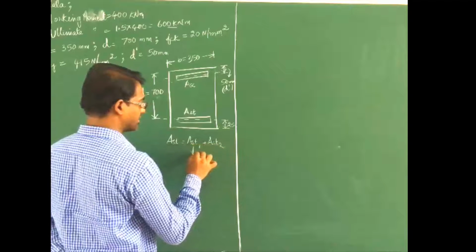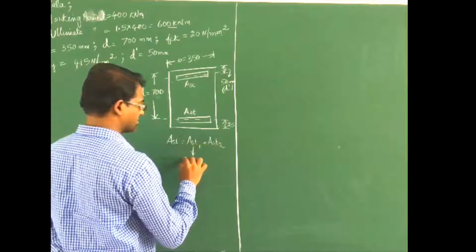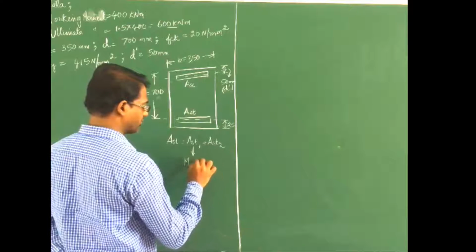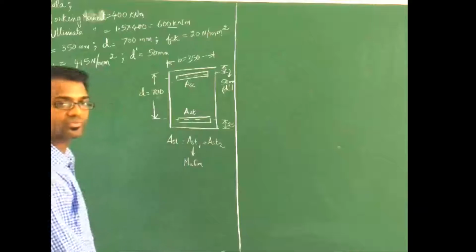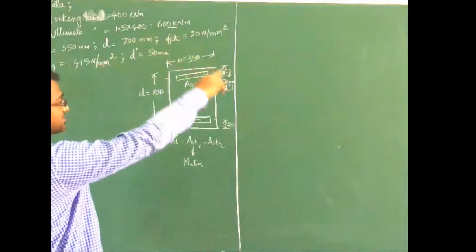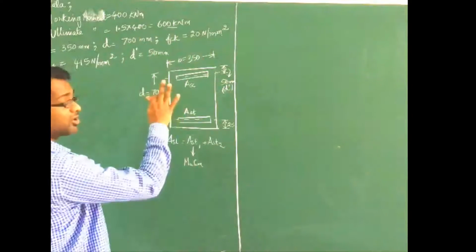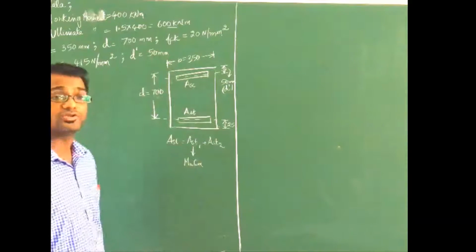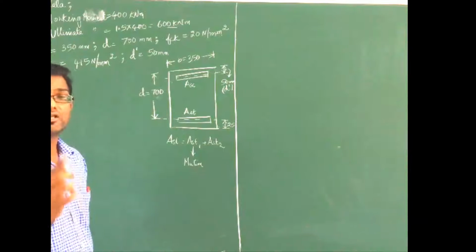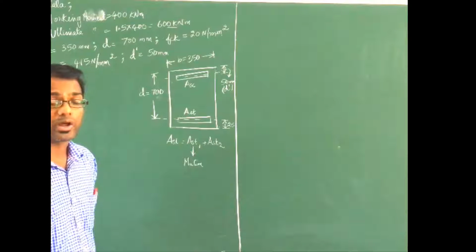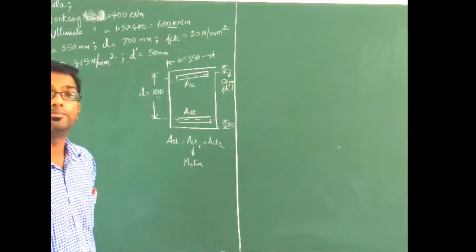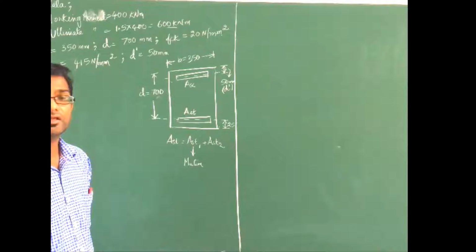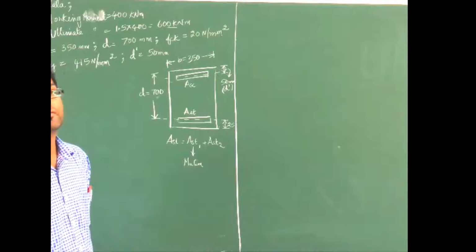AST1 is calculated by considering the beam as a balanced section, that is, the limiting moment of resistance. So for the given section, for the given concrete, using the equation G 1.1, formula number C, you can calculate the moment of resistance.